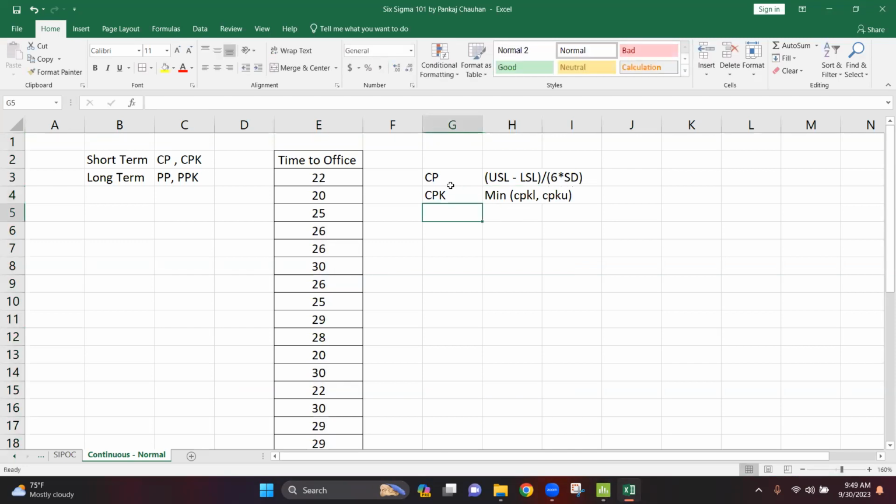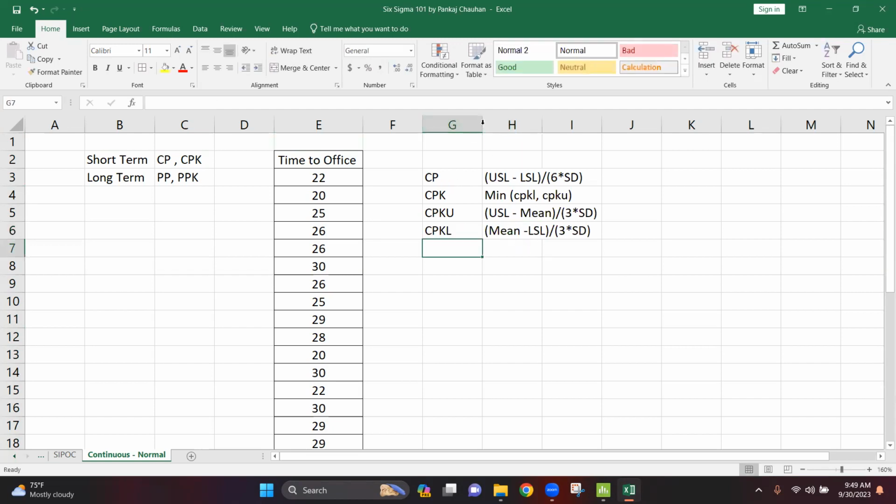To calculate CPKU, it is USL minus the average value divided by 3 times the standard deviation. And CPKL is the mean minus LSL divided by 3 times the standard deviation.